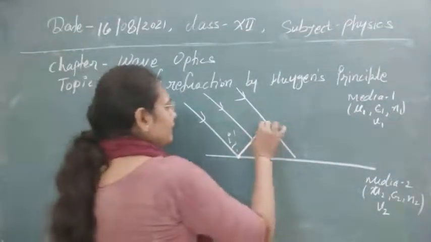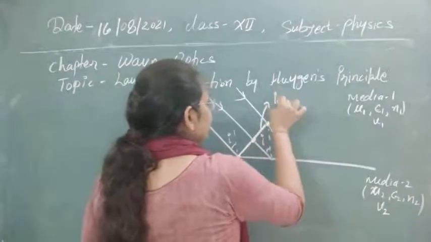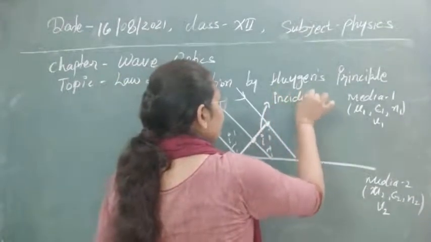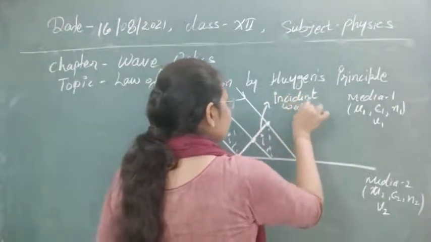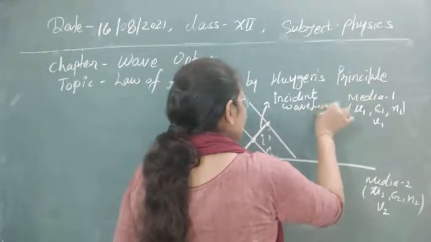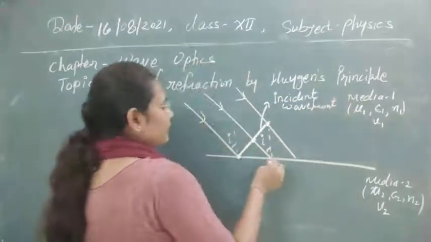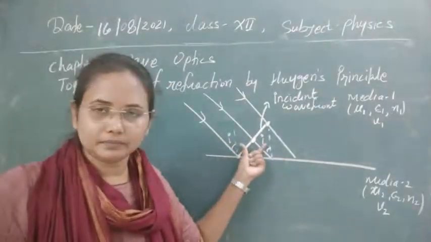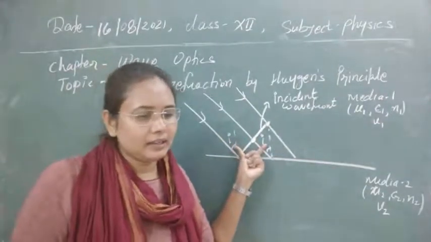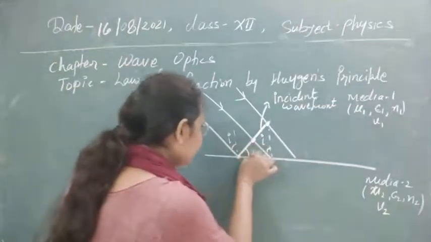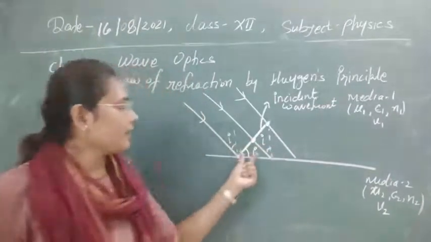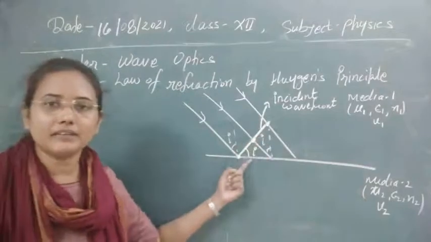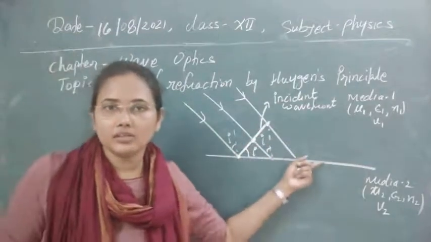This is the incident wavefront. And the angle that it makes with the horizontal axis will be known as the angle of incidence, because the incident wavefront is making an angle with the horizontal axis.